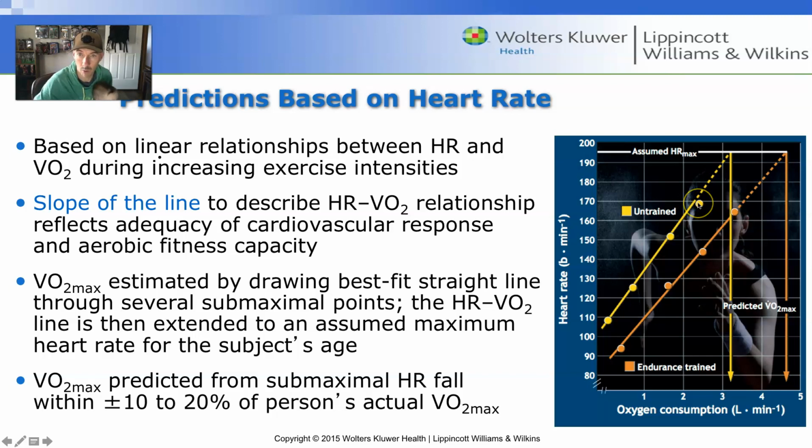Let's say we stop it at 170. What we would then do is what we call extrapolate. So we would imagine if we continued up to their max heart rate, what would their VO2 be? We see what the VO2 would be at a measured heart rate of 170. It would be here. So we're going to imagine if we continue to their max heart rate, at which they should be at their VO2 max, what would that VO2 max be?